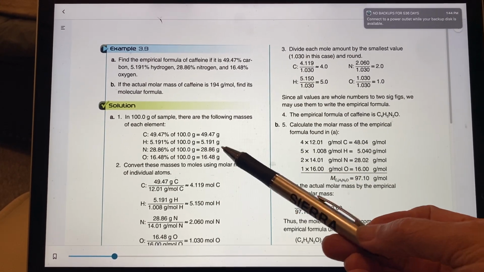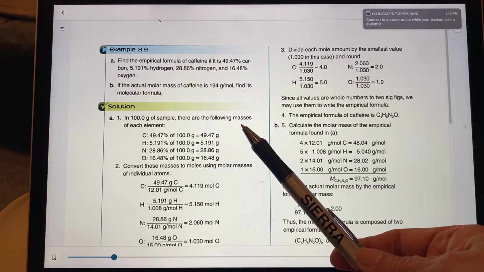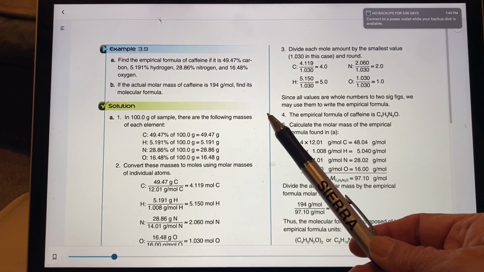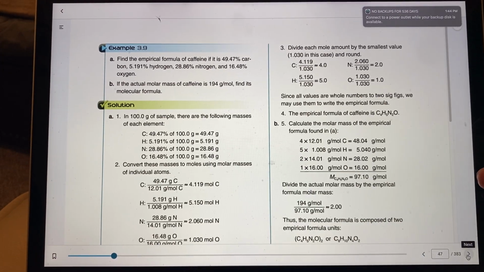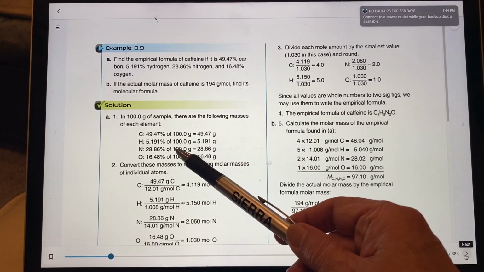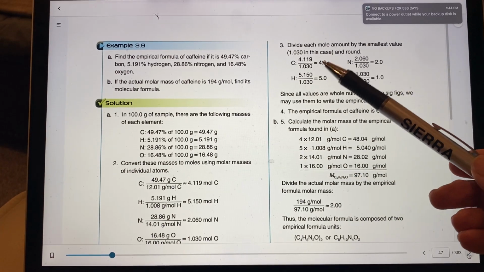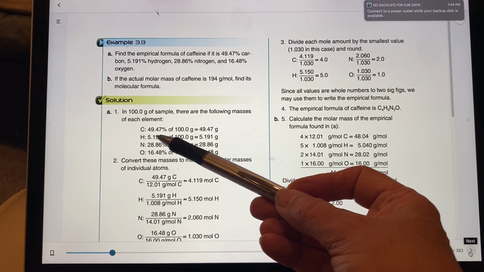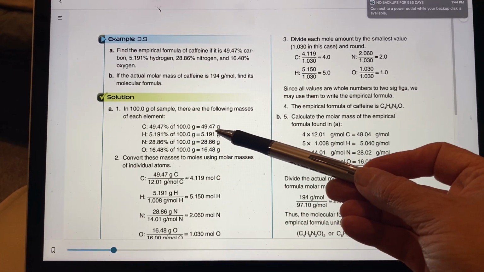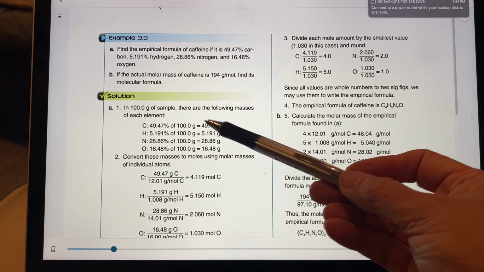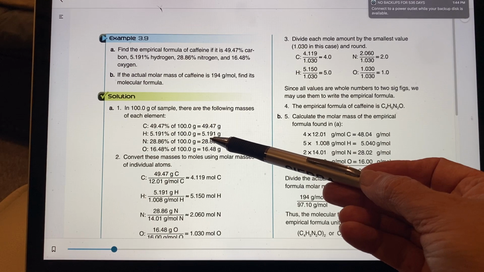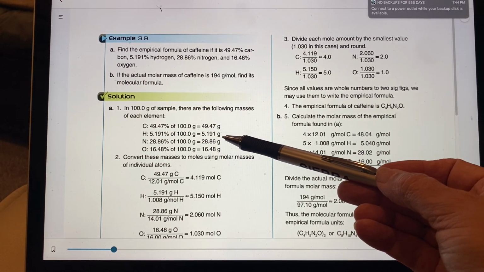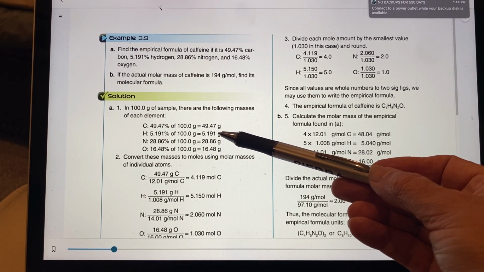First, you're going to change these to grams instead of percent, from 100 grams. If you have 100 grams of something, what percent would it be? It's easy to do that, because 49.47% would be 49.47 grams. 5.19% would be 5.19 grams, because that's how much would be in 100 grams.